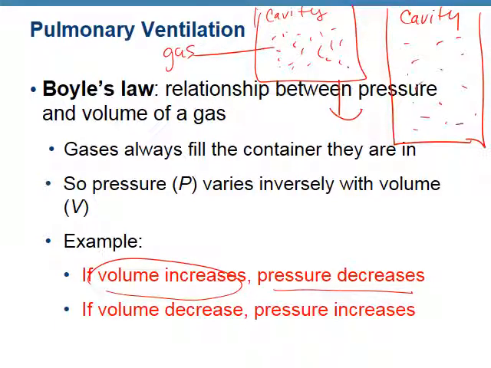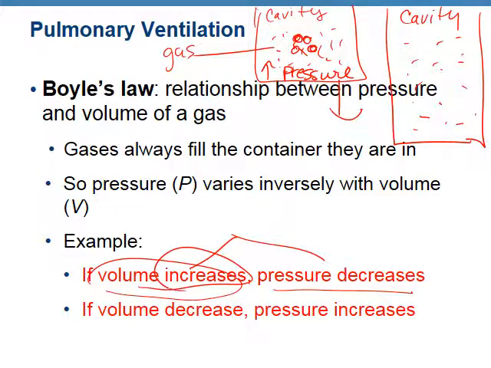You still have the same gas molecules, but they're now spread out more. So if your volume increases, your pressure decreases. All of these gas molecules are bumping into each other and they are under high pressure. As soon as I increase the volume of the cavity, now they're under less pressure because the molecules can move around freely.